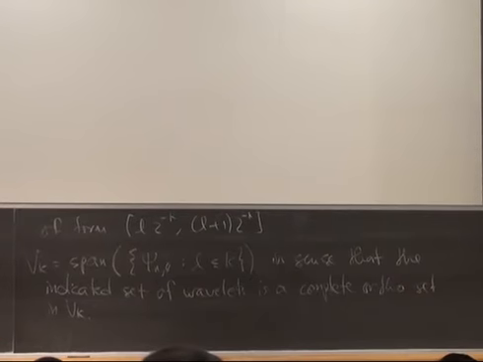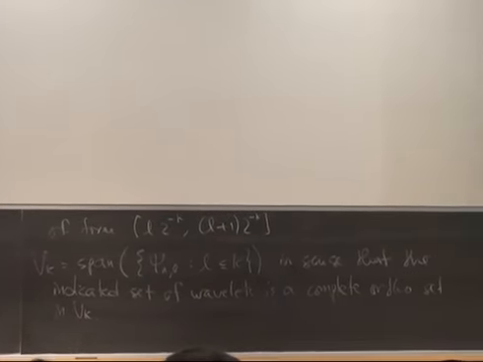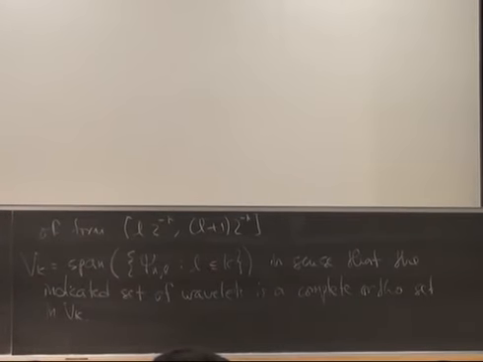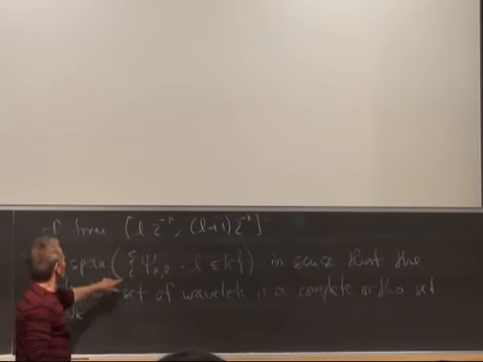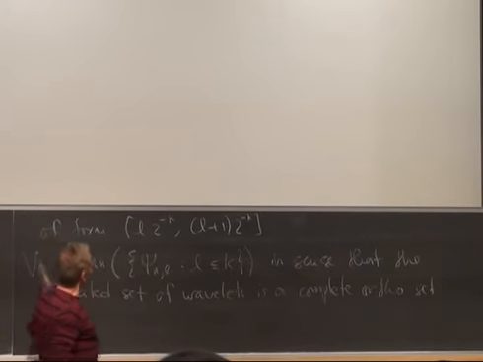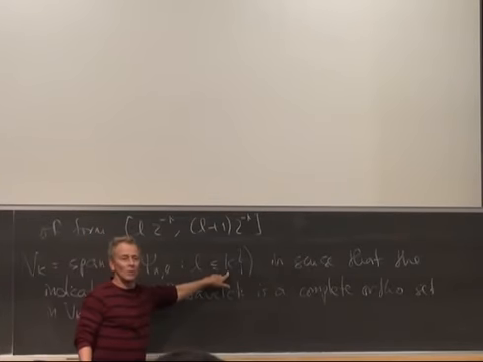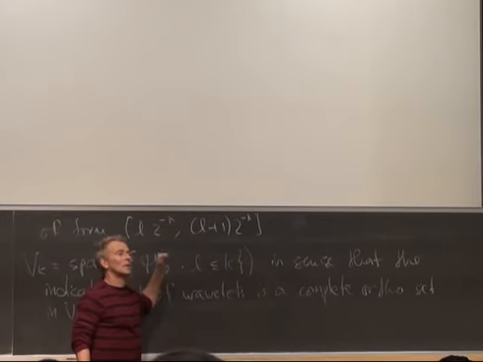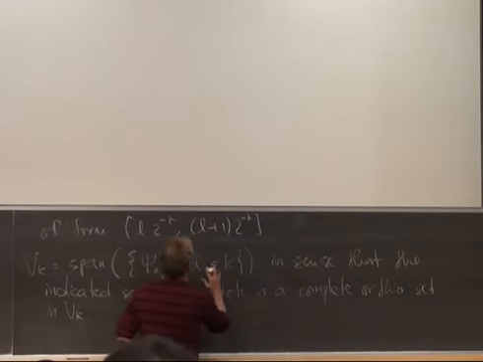Yes, Will. But can't you have L strictly less than k? Say that one more time. Couldn't you have L strictly less than k? Well, yeah, this is the set of all psi sub n comma L for all L's less than or equal to... psi 0 gives you psi 1. So you're right, I'm sorry, L less than k.